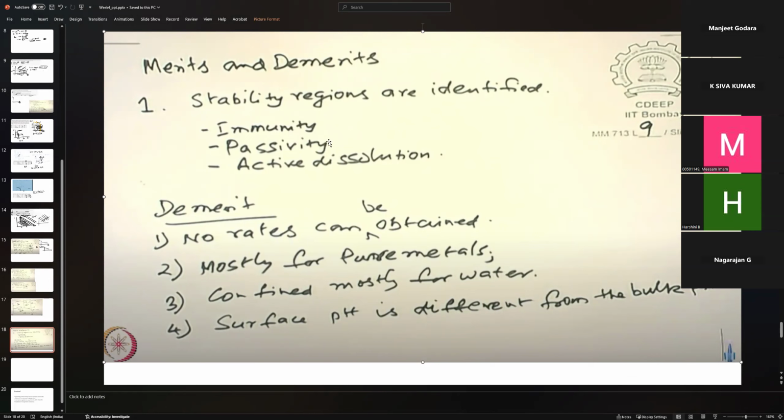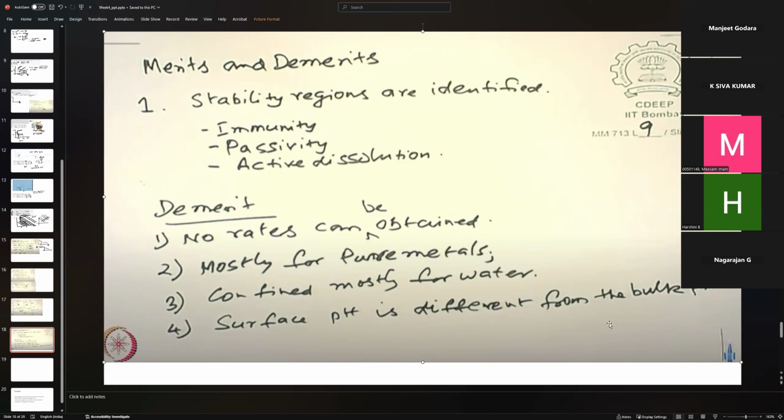We can identify the passive region and the active dissolution region. However, it doesn't tell anything about the rate, and it's only valid for pure metals and confined to water, mostly water.